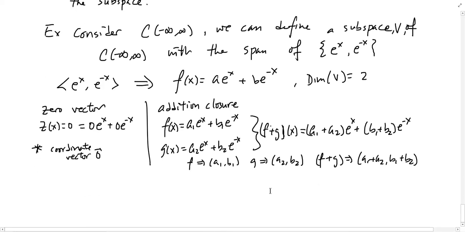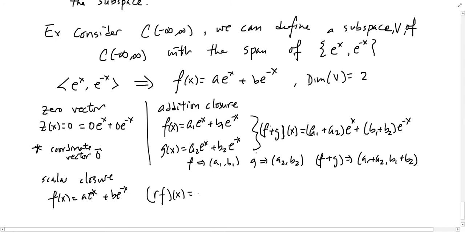We can definitely also do the scalar closure, which should be pretty straightforward also. So let's say f of x is equal to a e to the x plus b e to the negative x, since I don't need the subscript anymore, I only have one. And so what happens if you take r times f of x?